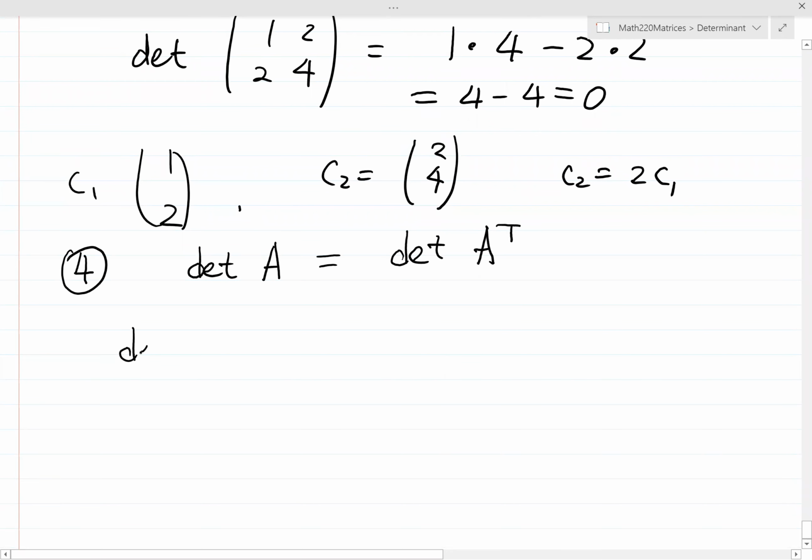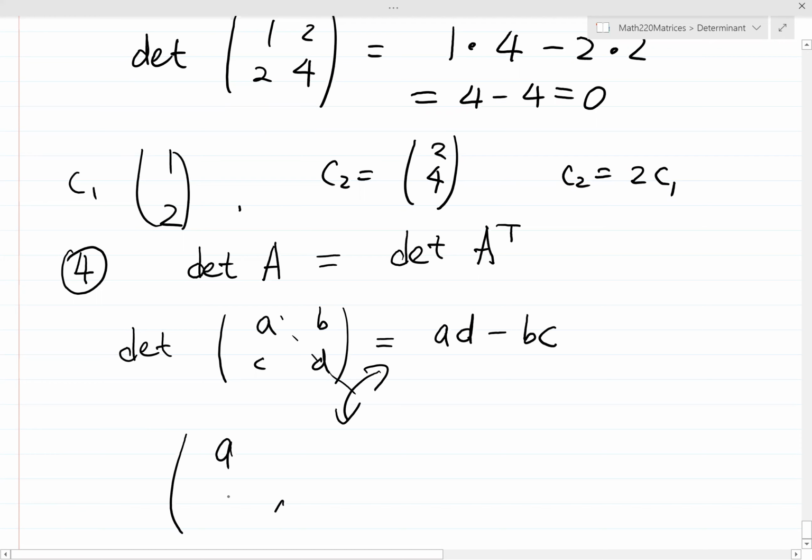Let's see this example. If you have a 2 by 2 matrix A, B, C, D, the determinant will be AD minus BC. If you switch this matrix with respect to the diagonal, taking the transpose, then you get the determinant AD minus CB.